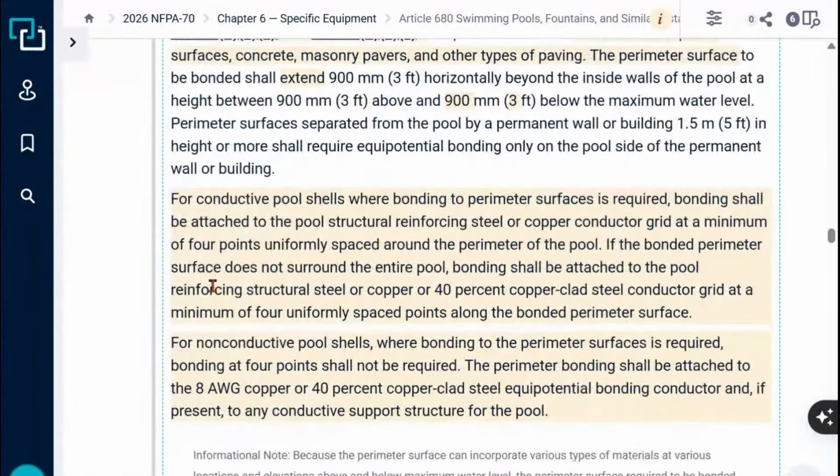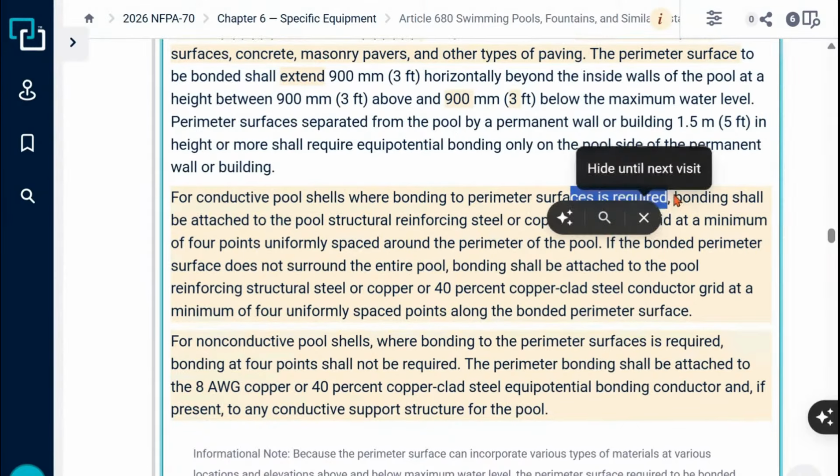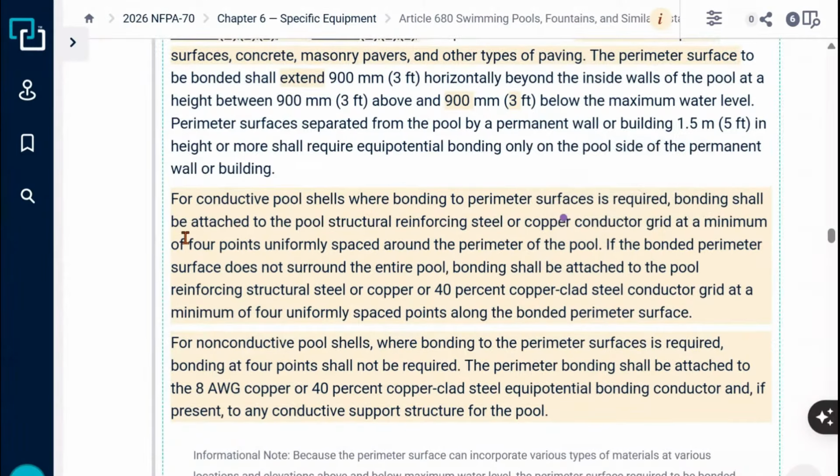Now it goes on to say, for conductive pool shells where bonding to the perimeter surface is required. So this is specifically a conductive pool shell, not fiberglass, not a vinyl pool. It says bonding shall be attached to the pool structure, reinforcing steel, or that copper grid we talked about.